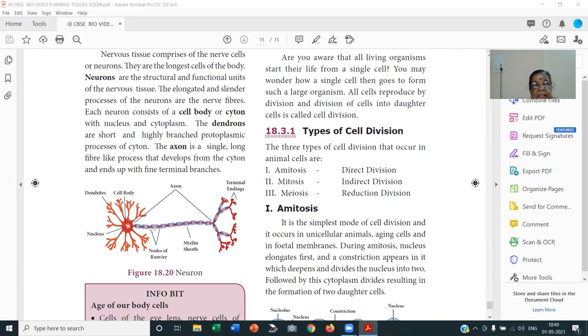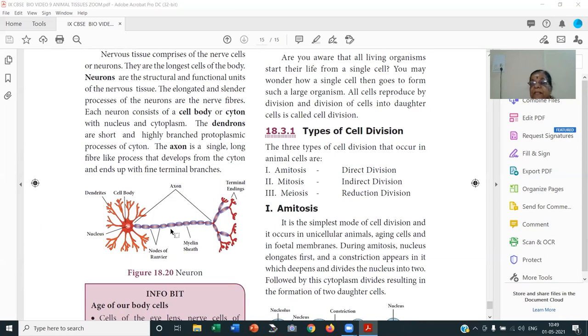Then as I said, axon, one of the dendron branches as axon, formed of two layers, outer neurilemma and inner myelin sheath. Can you see this? The inside pink color is the myelin sheath. Outer purple color, that is neurilemma.